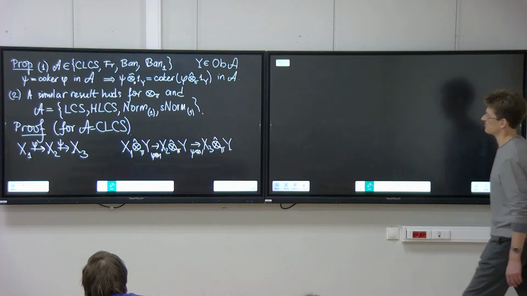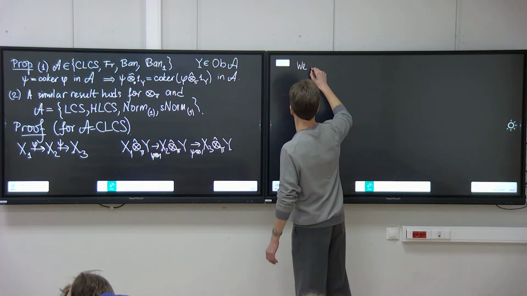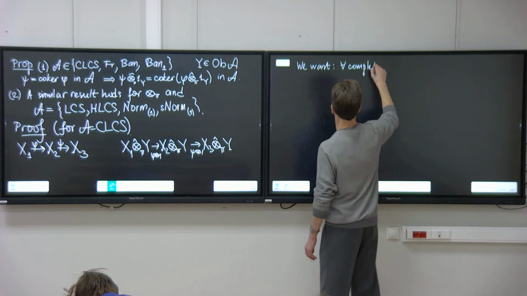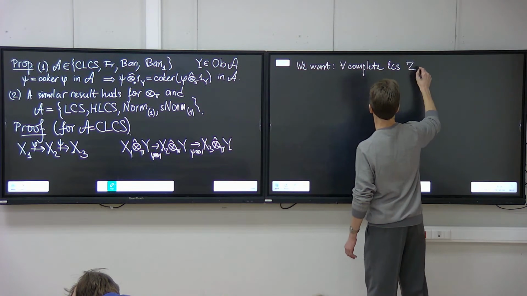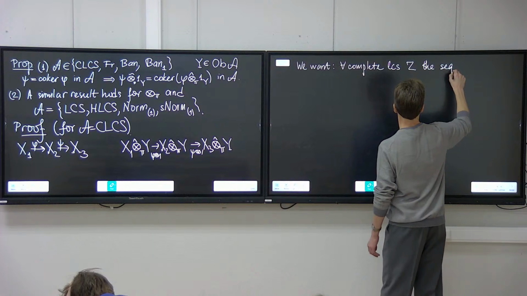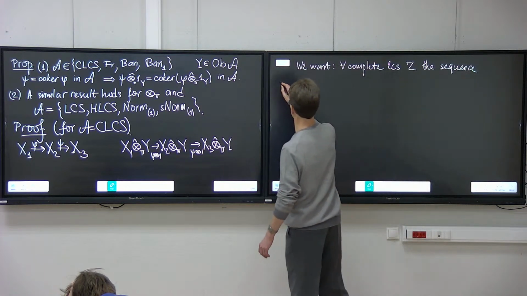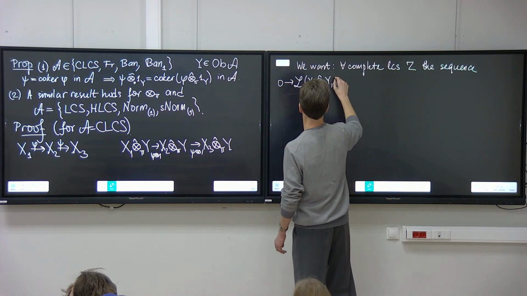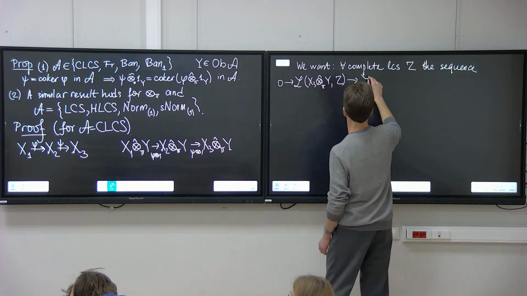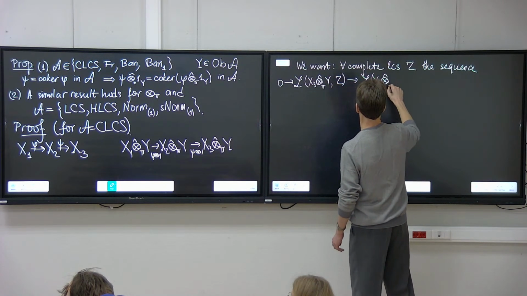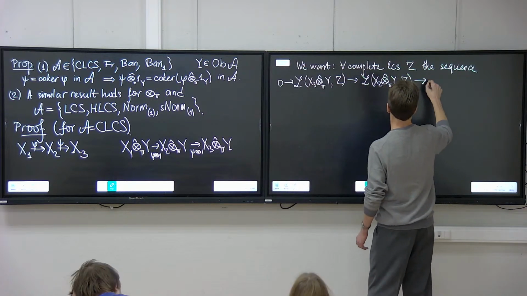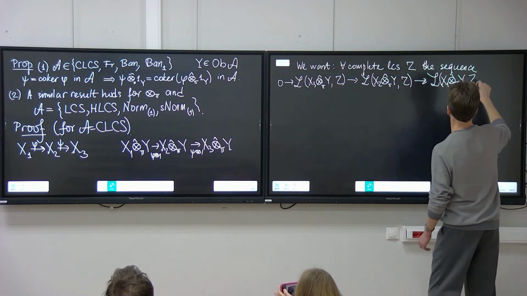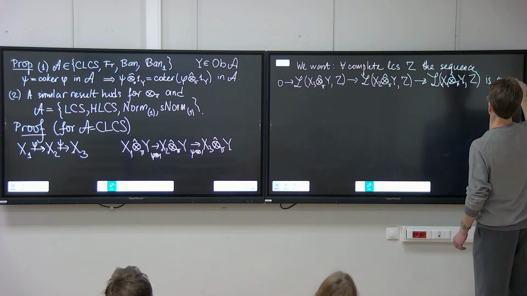So we want to prove that for every complete locally convex space Z, the following sequence is exact. We want to show that the sequence is exact.